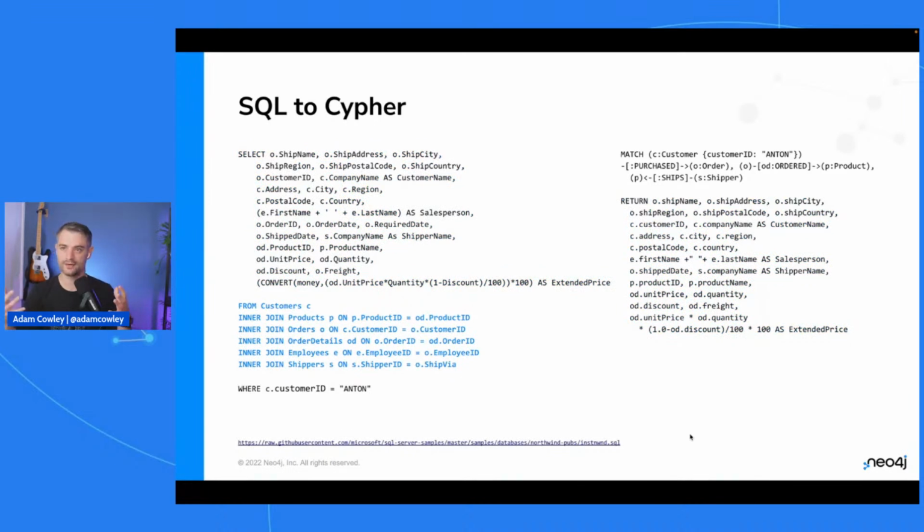Now, this is our join. This is our structured tables that we want to join together. If we compare that to the Cypher on the right-hand side, for me personally this is a really easy thing to reason about. I can see that the customer purchased an order, the order contains products, and the shipper has shipped it.